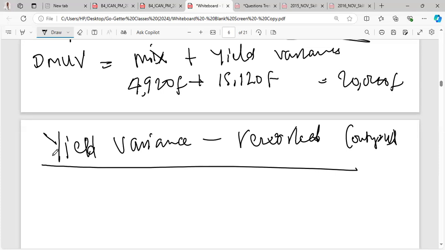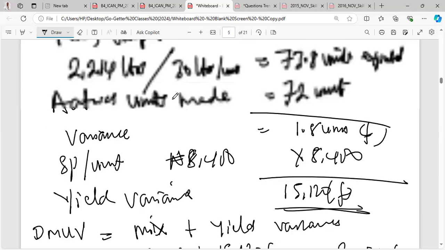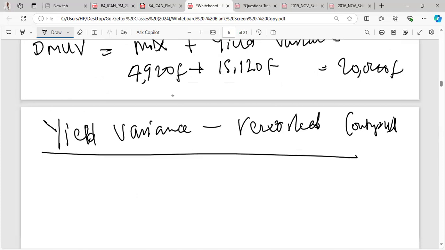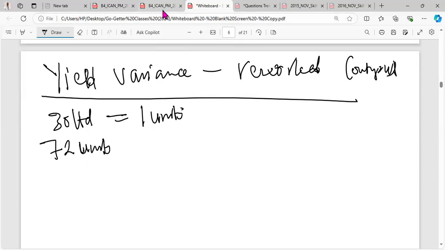Now we have 30 liters equal to 1 unit, right? We had 72 units produced.